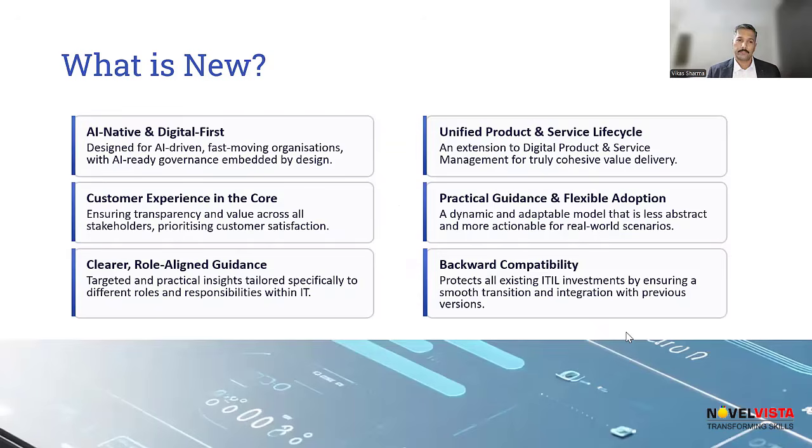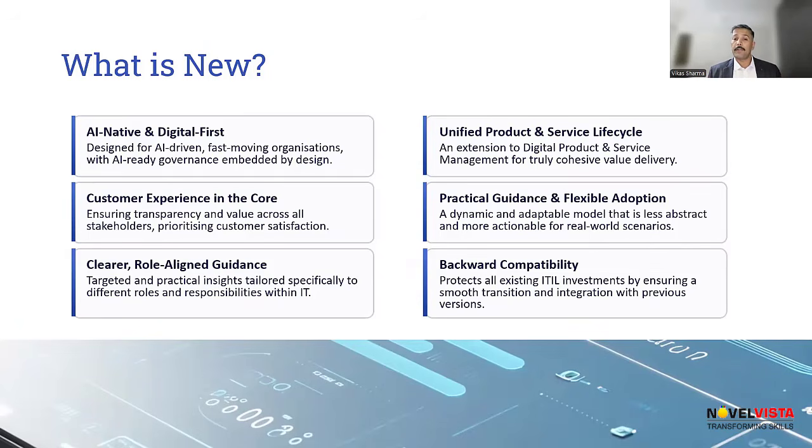Now, what's new? There's always a question, what's new? As we discussed earlier also, ITIL version 5 is AI native and digital first. It is bringing that approach to the table. So it is designed for AI-driven, fast-moving organizations with AI-ready governance embedded by design.